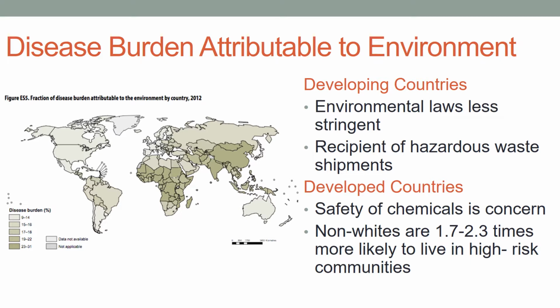There is a disparity on the geographic distribution of disease burden attributable to the environmental issues. As you can see from this map, these issues tend to affect the less economically developed nations.